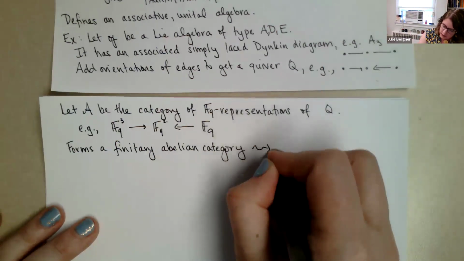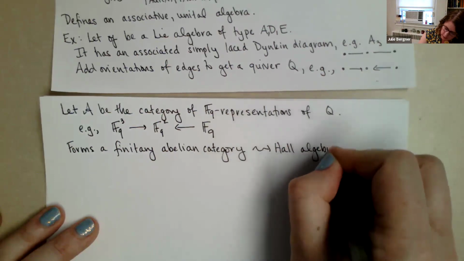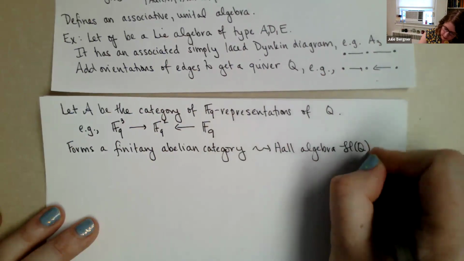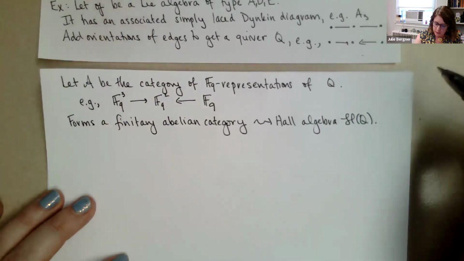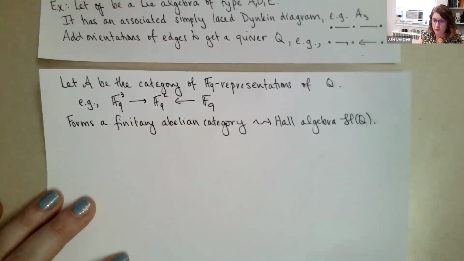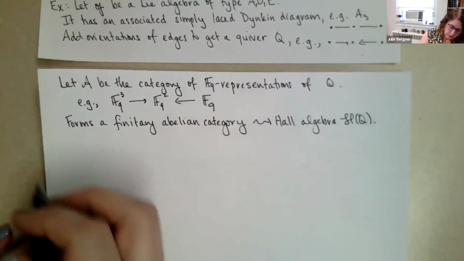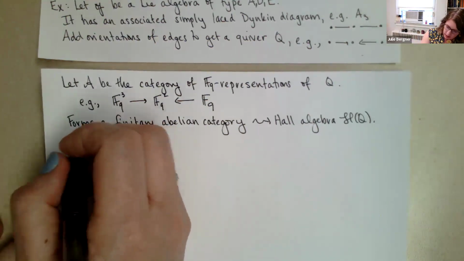And so that means we get an associated Hall algebra, which we'll call H(Q). And now this does depend on some choices, like what quiver did you take and so forth. I'm not going to go into any further details. This is a very quick crash course.